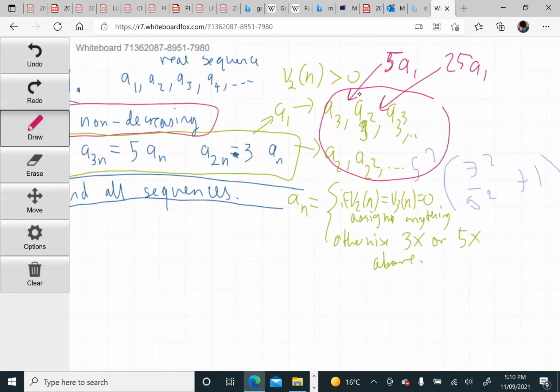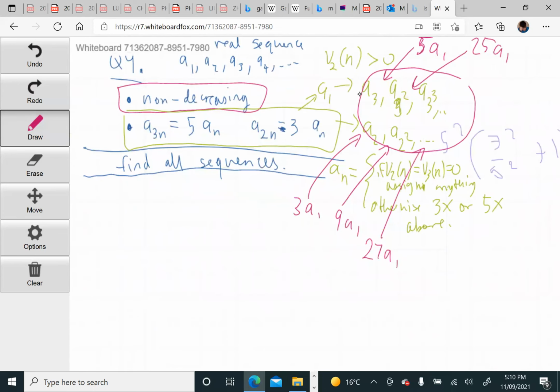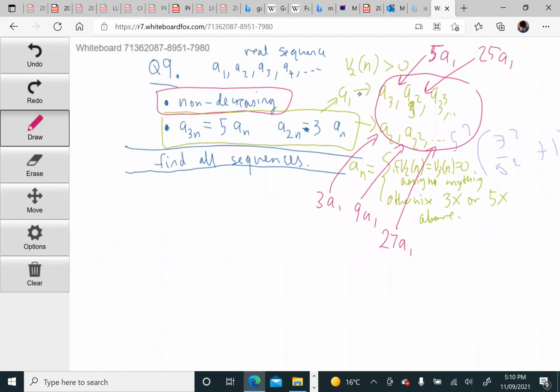And A2 would be 3A1, then 3A1, 9A1, 27A1. Okay, and once you got to this point, you'd be like, oh, wait a sec. 27 is bigger than 25, right? That seems to be a problem because it seems like A8 and A9.